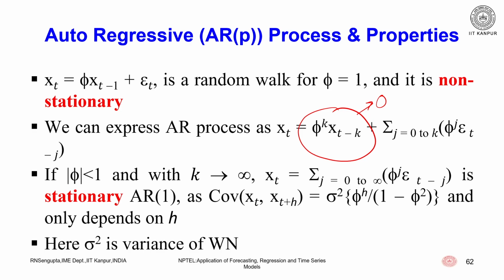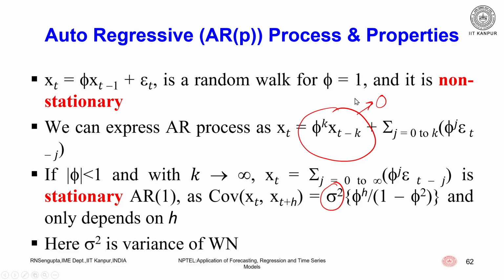And also the covariance, depending on the lags, if you remember lags has been denoted by h, then covariance of x t and x t plus h is given by this sigma square. So, remember sigma square is the variance of the white noise, and we have mentioned time and again the white noise has an expected value of 0 and a variance of sigma square.